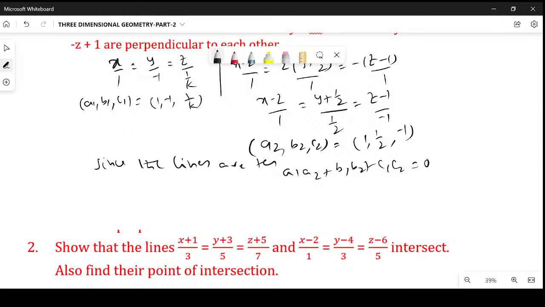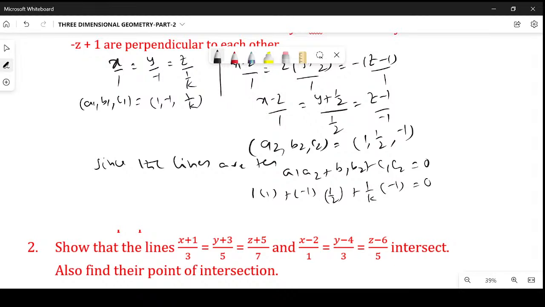Substituting the values: 1 into 1, plus -1 into 1/2, plus 1/k into -1, equal to 0.